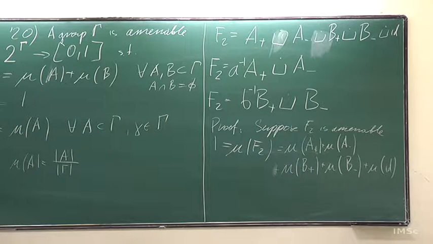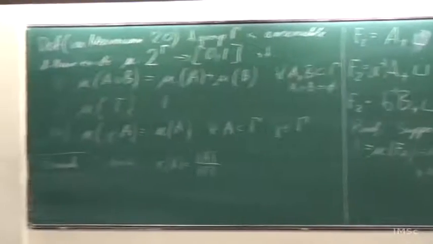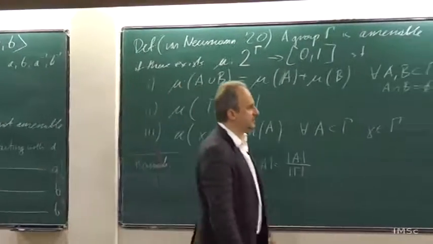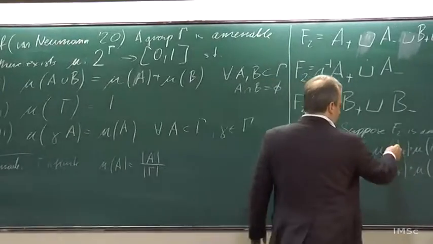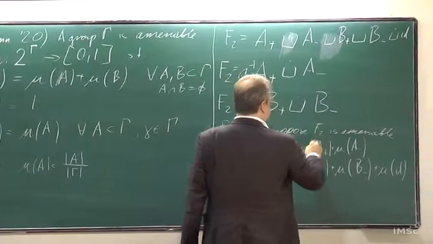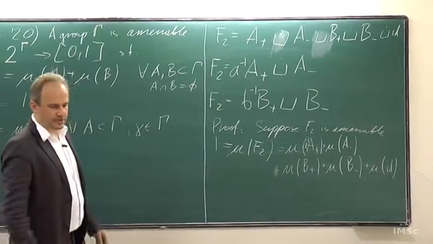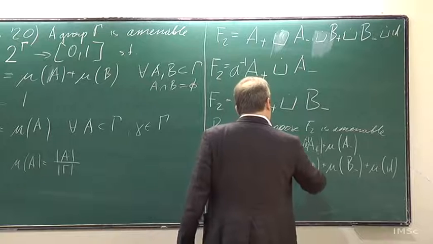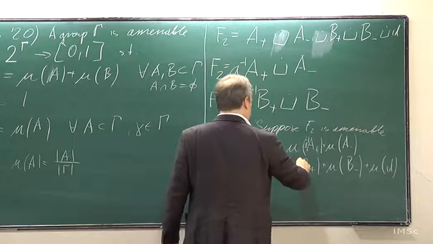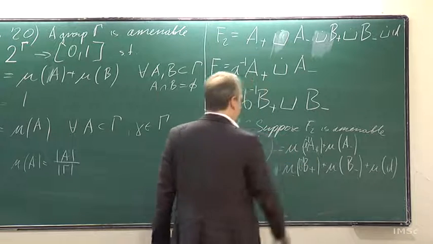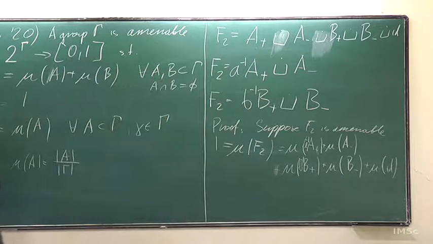Okay. Now, using the fact that this measure is invariant under left translations, we can multiply this subset by A inverse, and the measure won't change. And in a similar way, this one by B inverse, and the measure won't change either.